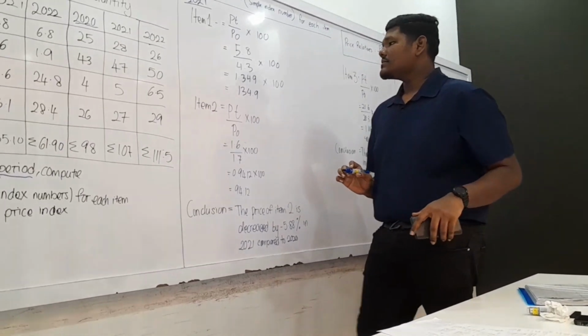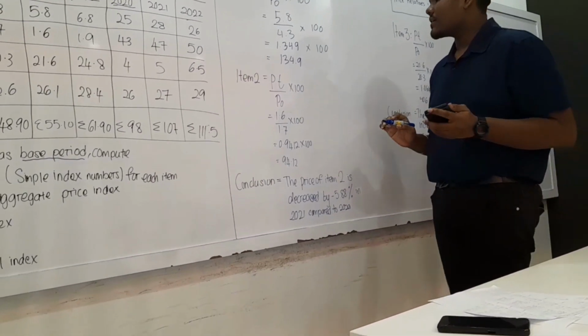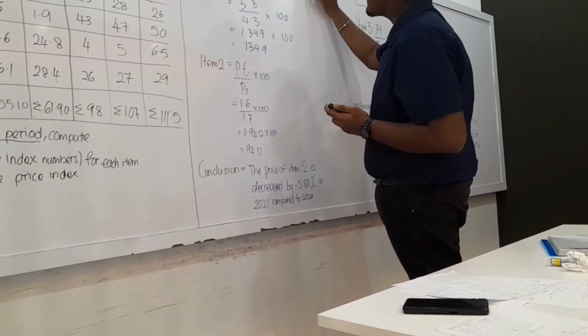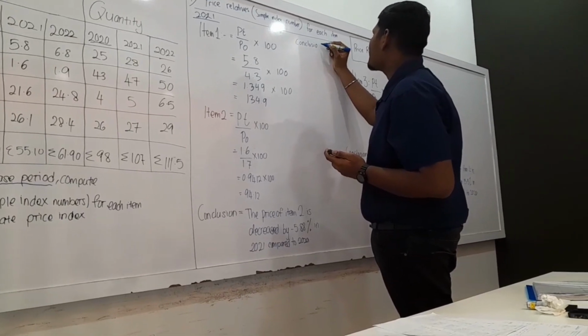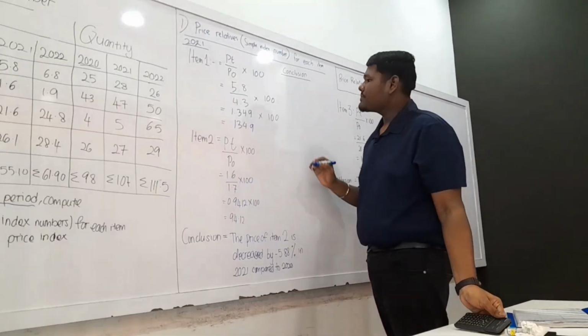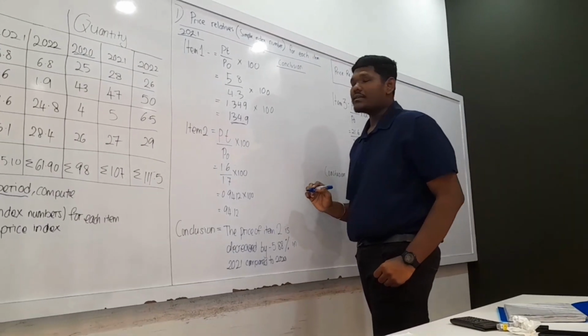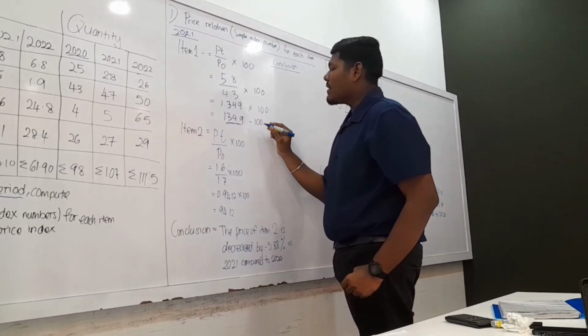We shouldn't stop here. We have to do a conclusion. For the conclusion, you have to do a certain calculation also, but it's not much. You take this answer and minus 100.